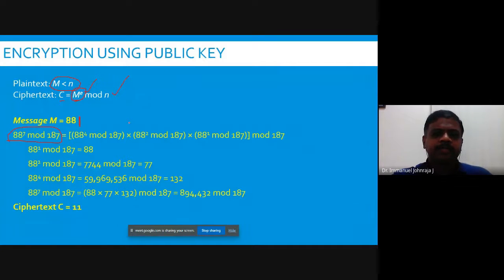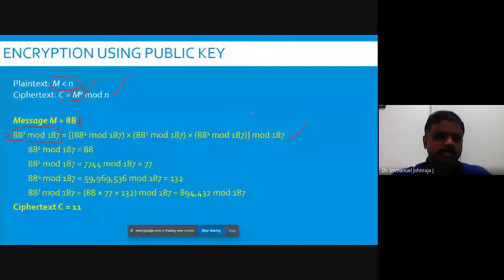So the same mathematical rule is used here. You have 88 power 7, which can be taken as 88 power 4 mod 187 multiplied by 88 power 2 and 88 power 1, then take the modulus 187. So 4 plus 2 plus 1 is 7, and this equals 88 power 7 mod 187. Hope you understand that. This is modular arithmetic.